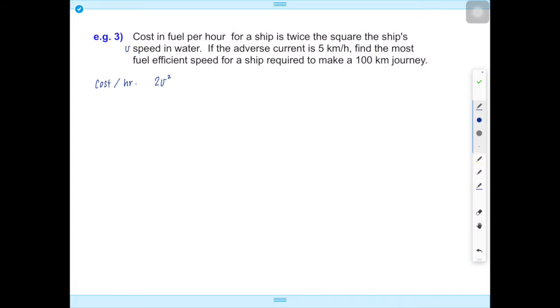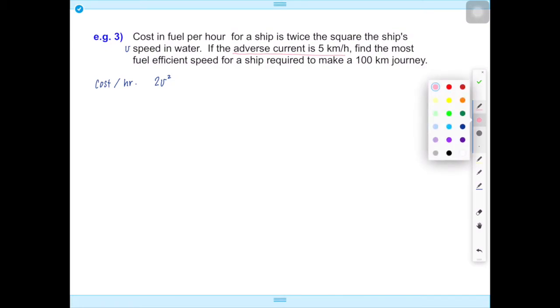We want to find the most fuel efficient speed, v, but this means that we try to lower the cost, right? We want the lowest cost. And the journey in total takes 100 kilometers. And no matter how fast the ship can move, there is an adverse current that goes against it at 5 kilometers per hour.